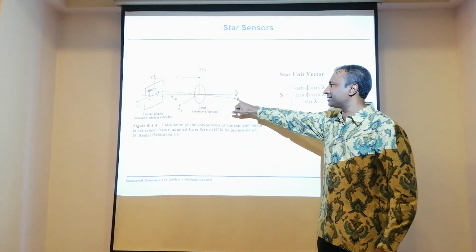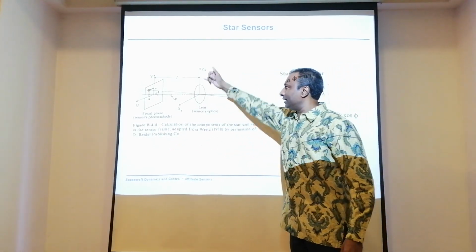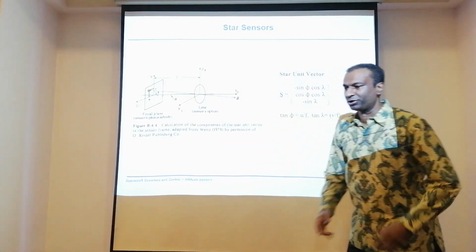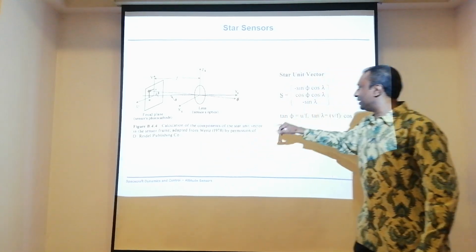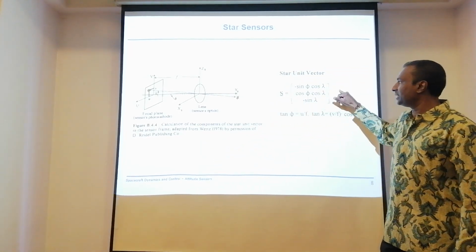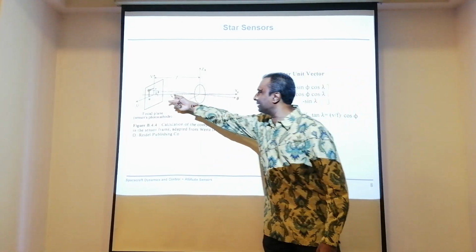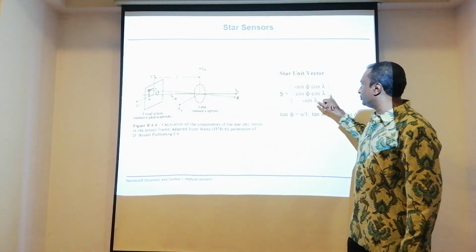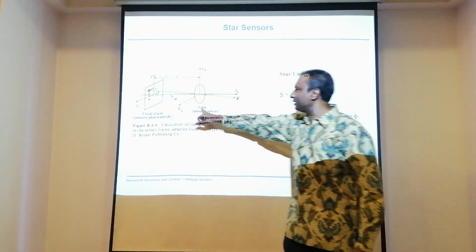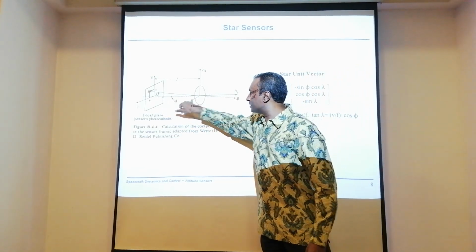Assume you are looking at the star, and we fix the body coordinates, we fix x, y, z practically, and with respect to x, y, z you should be able to calculate the deviation. And the final angle, don't forget, your phi angle is what actually is important.